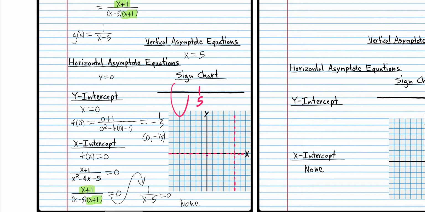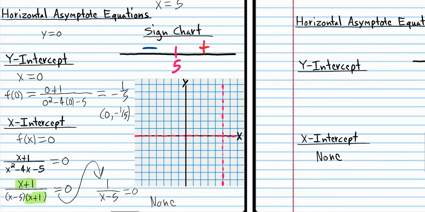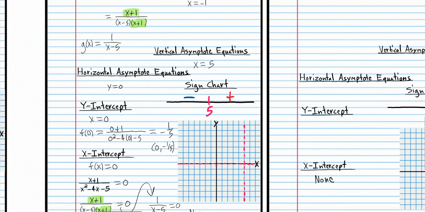So let's plug in 0 and we get a negative number. Let's plug in 6 and we get a positive number. So we know the graph is going to be below the x-axis to the left of that vertical asymptote. And we can plug in some other reference points. So let's plug in 4 and we get -1.